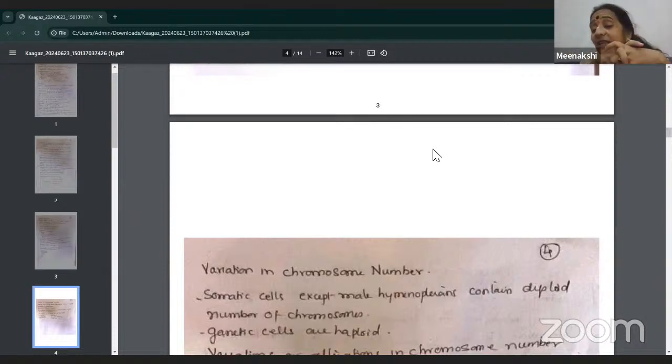Like that, there can be several type of changes that can happen in the chromosome. So in order to avoid all these things, we should have a knowledge about what changes can occur in a chromosome, which will lead into what type of syndrome.